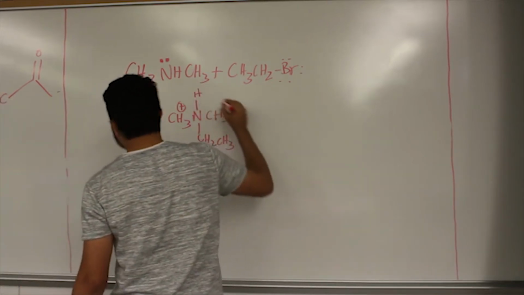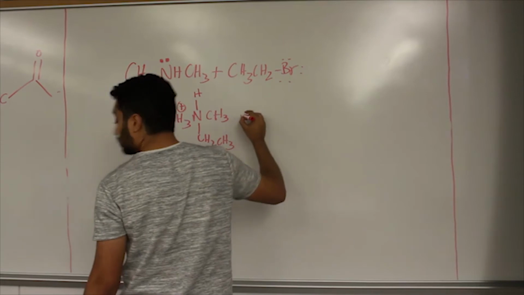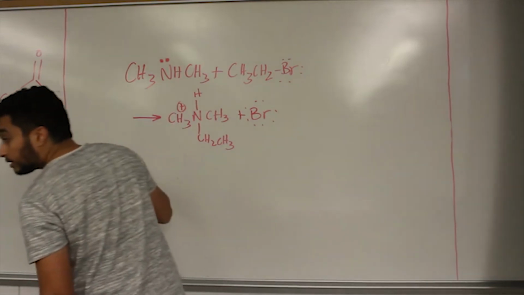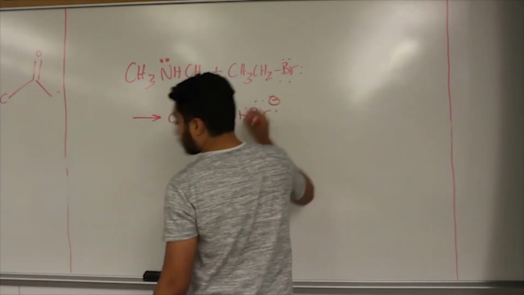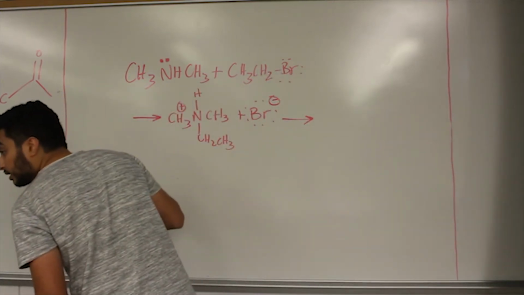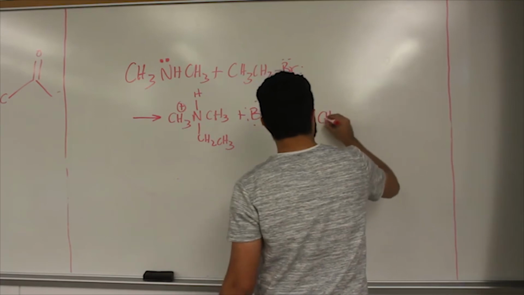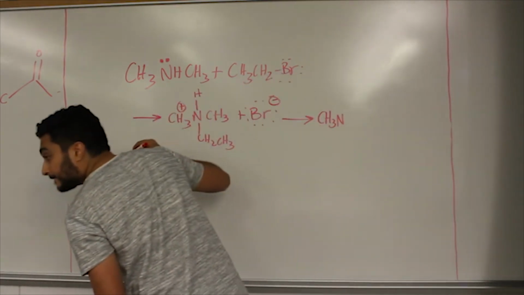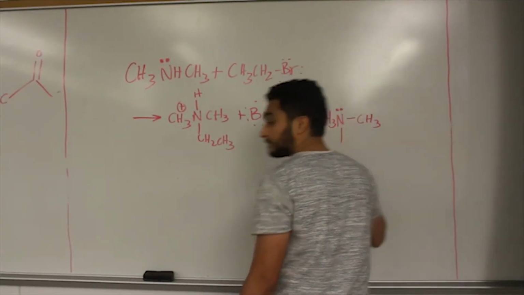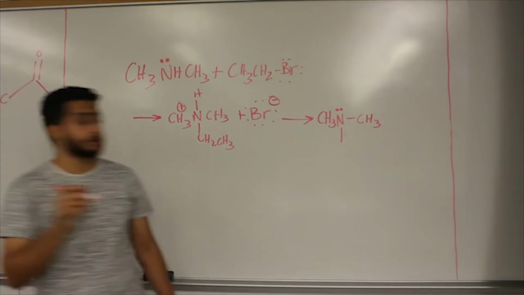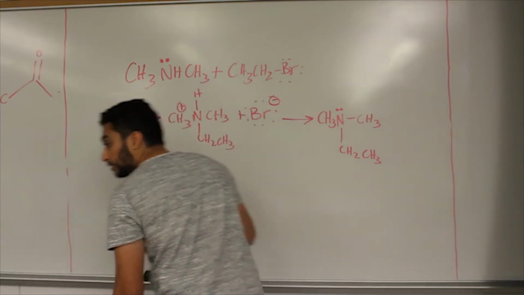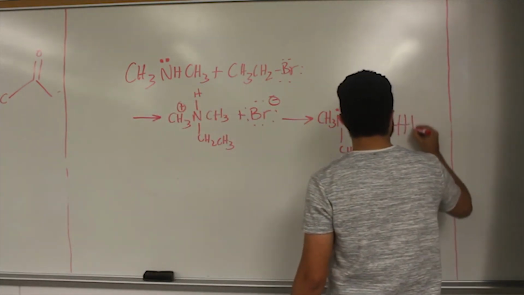This also has an H plus bromine minus going to CH2CH3 and plus a final HBr.